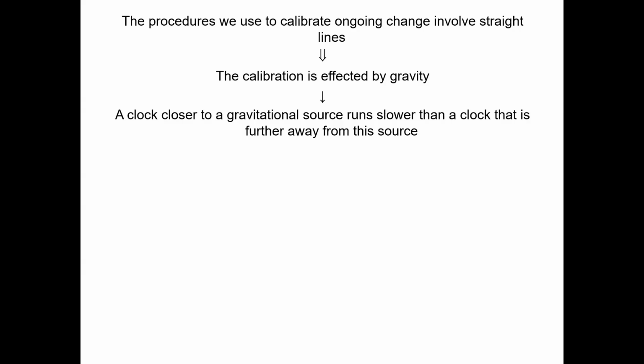A clock closer to a gravitational source runs slower than a clock that is further away from this source. So the way the source changes the behavior of straight lines close to it is different to how it changes the behavior far away from it. And because this change of behavior is not uniform, we get this effect.